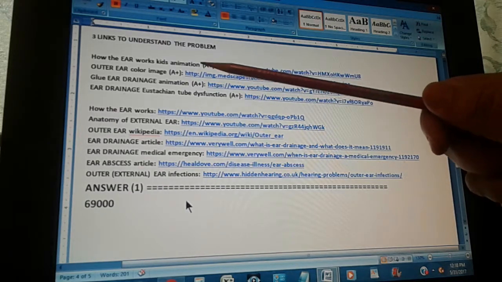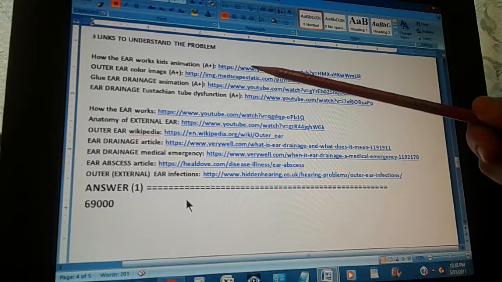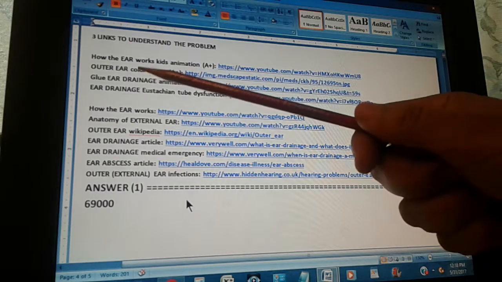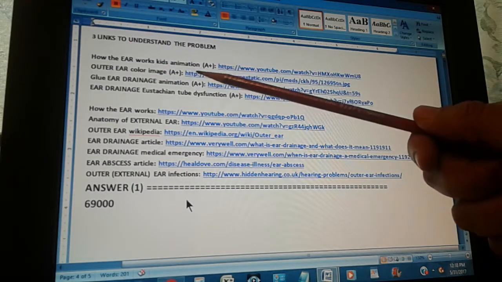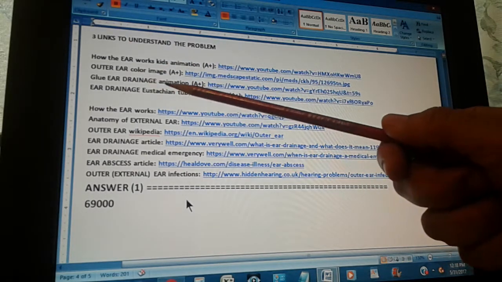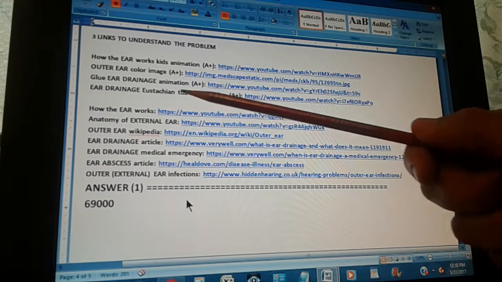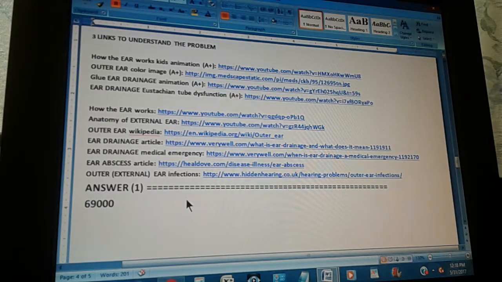The first one is how the ear works in an animation, the outer ear, because this is the external ear, then the ear drainage animation, and the ear drainage Eustachian tube dysfunction. Then you're going to know exactly what they're doing, what you're coding.